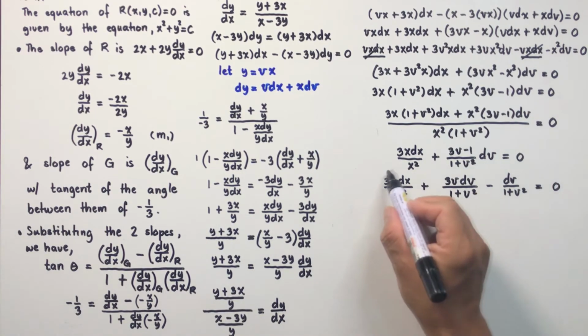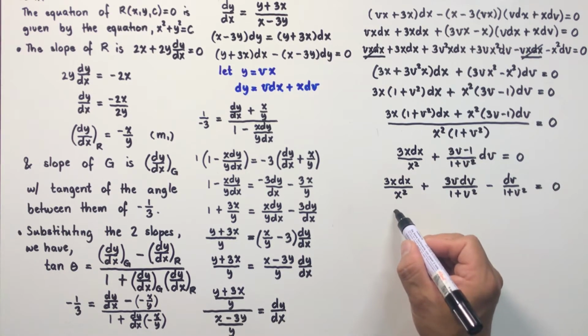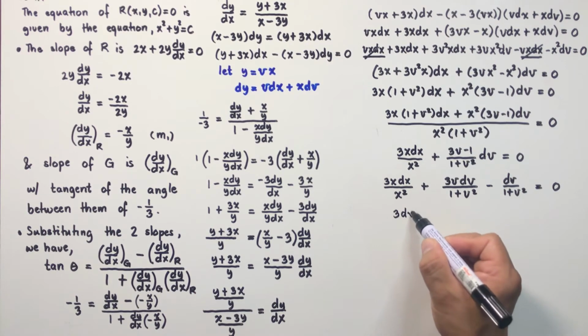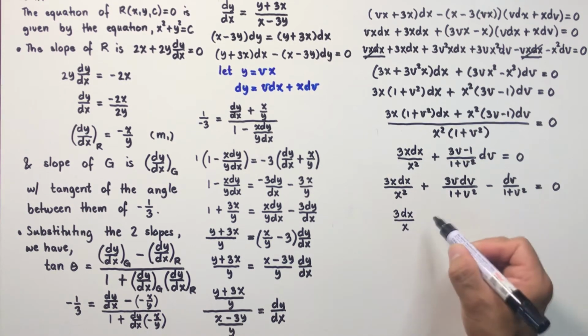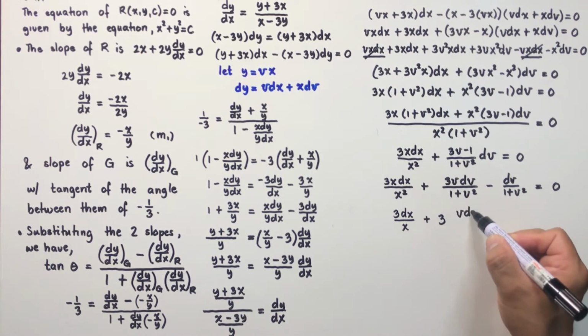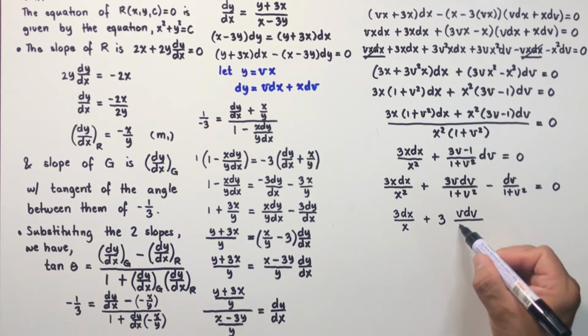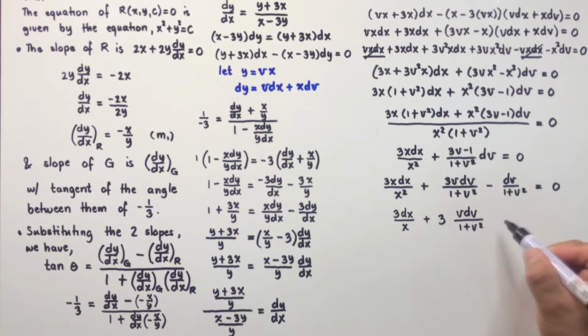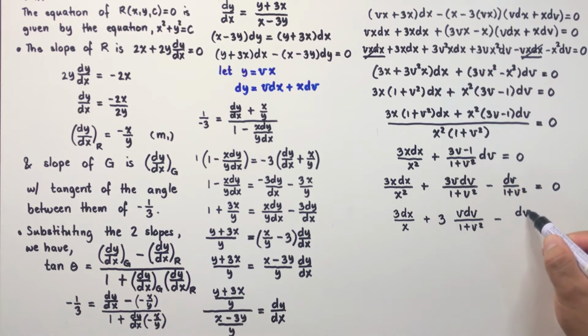And simplifying this term here, we have 3 dx over x, and this is added to 3 times v dv over (1 plus v squared) minus dv over (1 plus v squared), which is equal to 0.